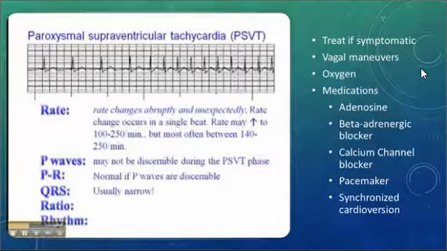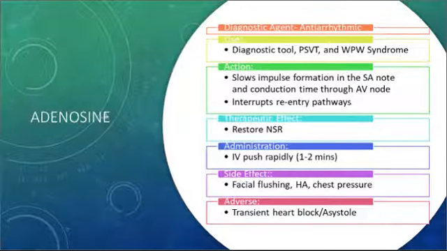When adenosine is used to cardiovert, it's a drug cardioversion instead of a synchronized cardioversion. It means to convert them back into a regular rhythm. So it can be used to cardiovert this abnormal rhythm. Adenosine is an antiarrhythmic.